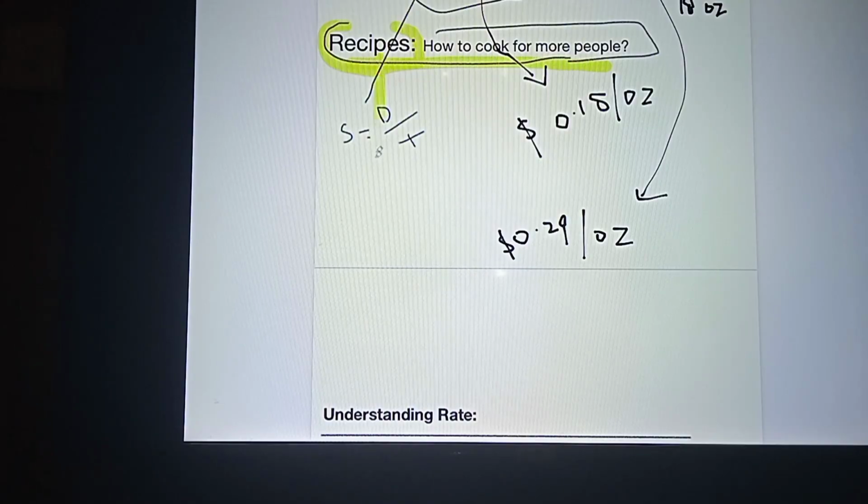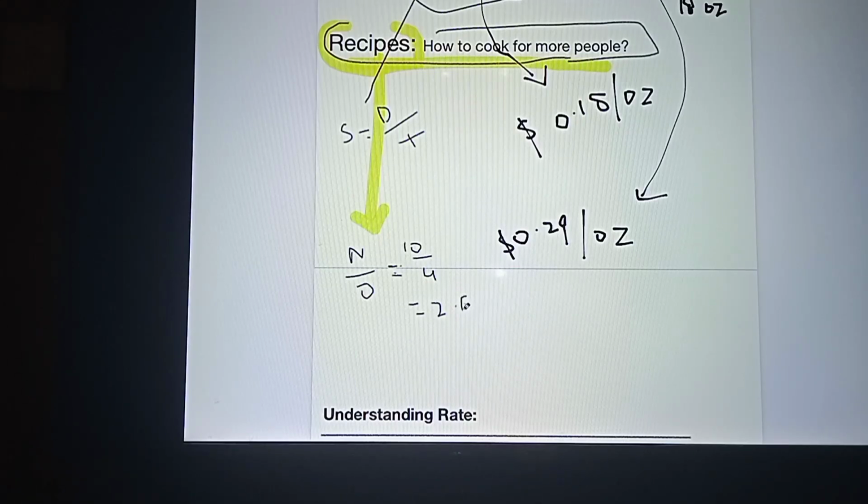That will be new serving divided by original serving. Suppose the new serving is 10 people and the original serving is 4 people, then the resultant value is 2.5.